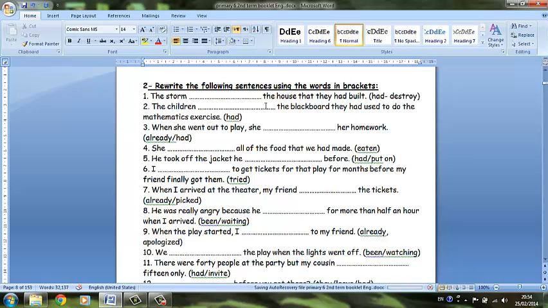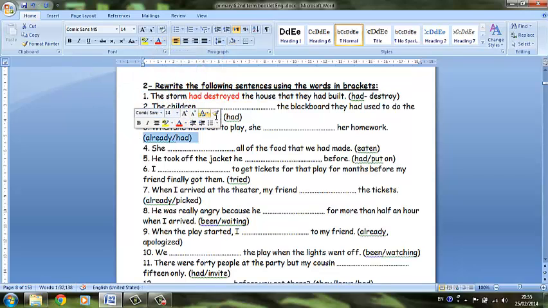So the store, what am I going to say? Had destroyed. Had destroyed the house. So the store had destroyed the house.